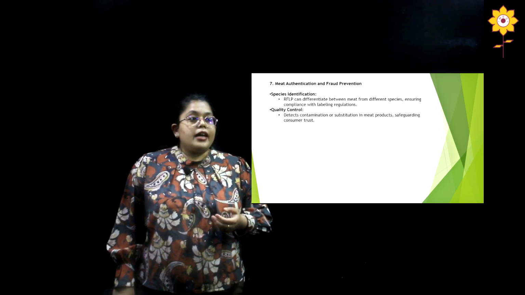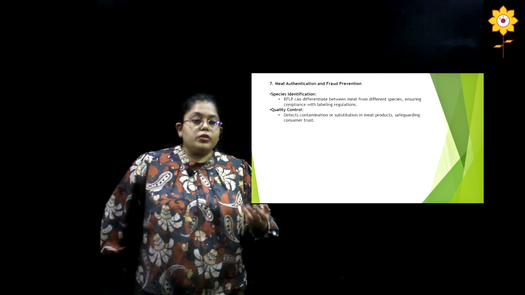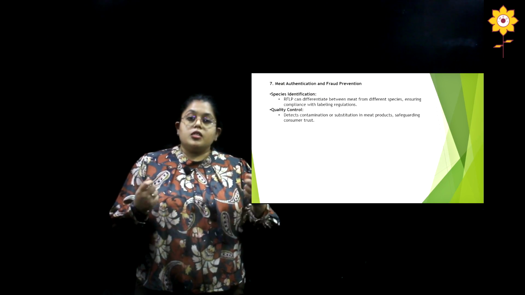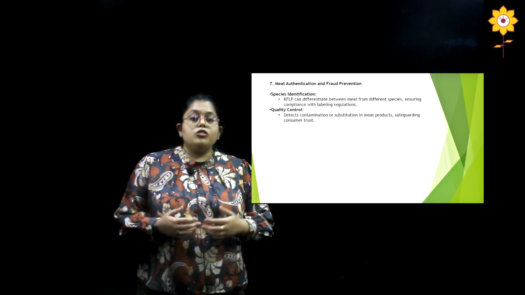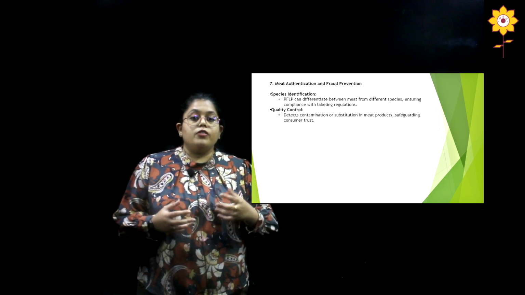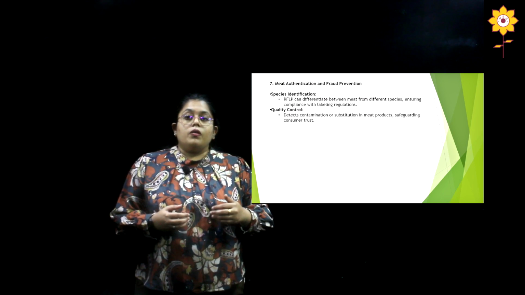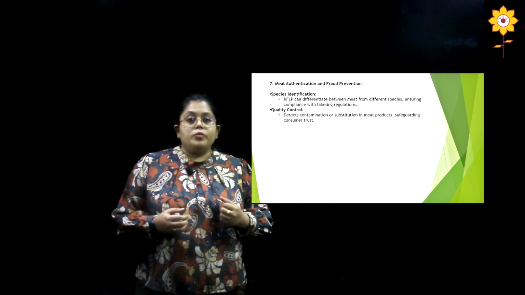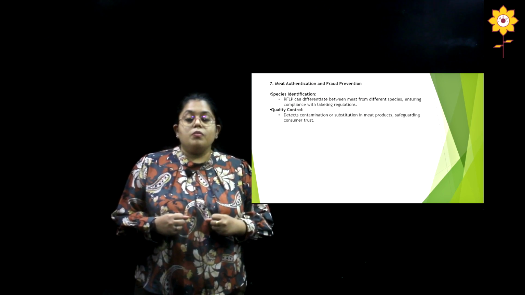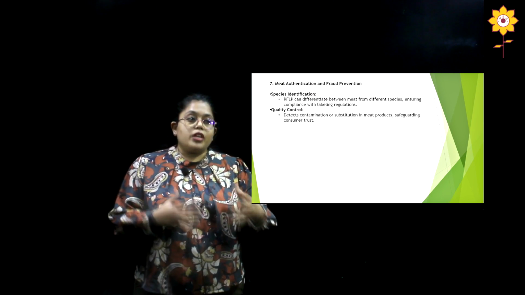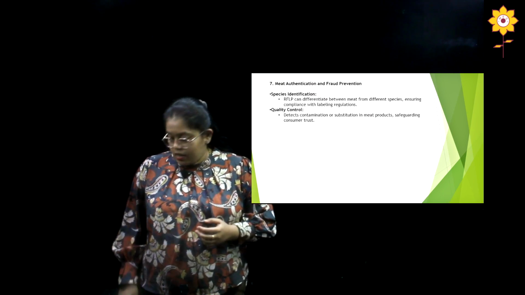And meat adulteration: we all know that a lot of the packaged meat that we get is adulterated with other animals, lower grade meat, or expired food materials mixed in just to show that it is good quality meat. To check that, we can go with this technique again.